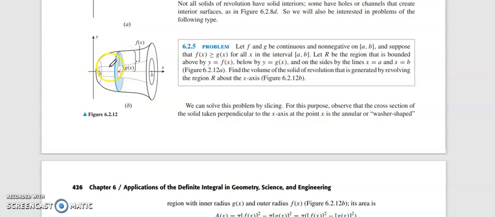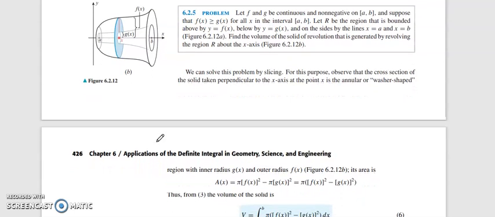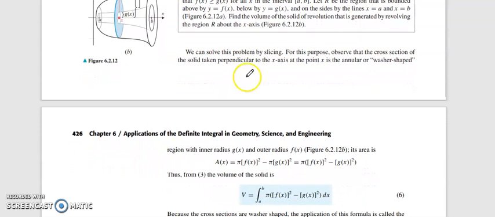If you consider the curve bounded by the x-axis and g of x, its volume will be integral a to b pi g of x whole square dx. Now when we subtract this hollow portion from the complete volume, we get our required volume. So that is one technique of finding the volume. Now let us see it by the method of slicing.